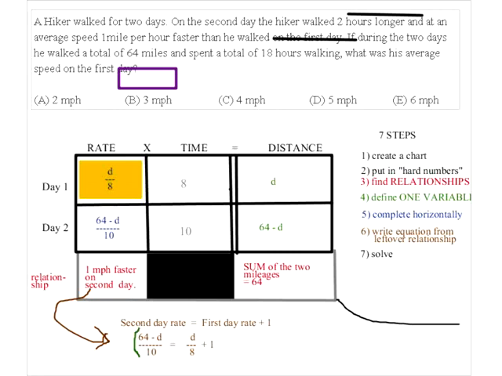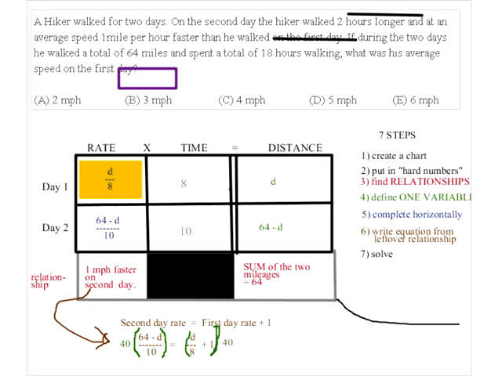Yeah, you get rid of the denominators. Who knows what we multiply by to get rid of the denominators? Common denominator. Common denominator is 40. So we need to multiply both sides by 40. That's what you do.